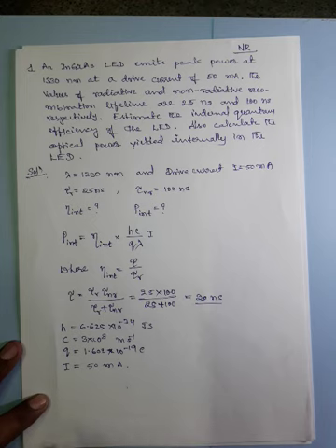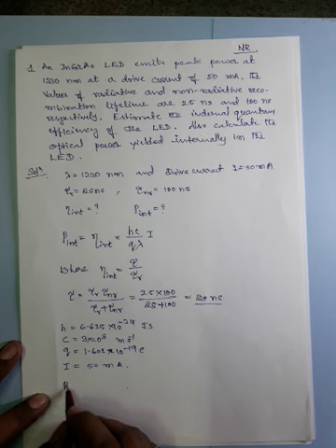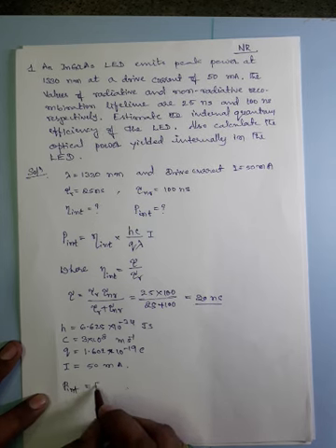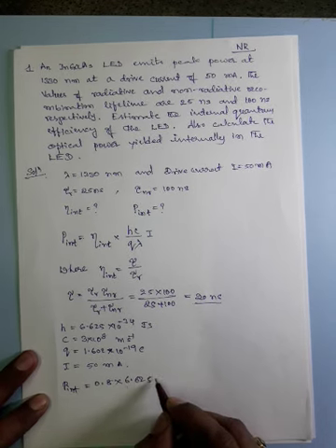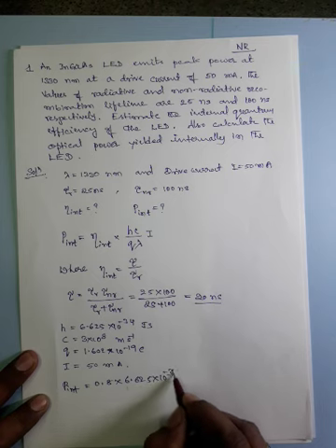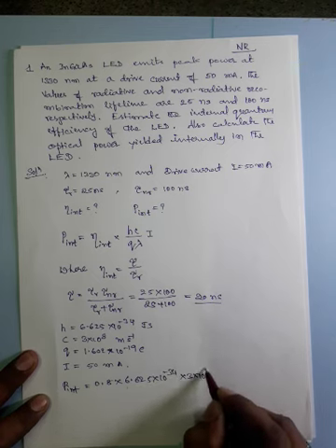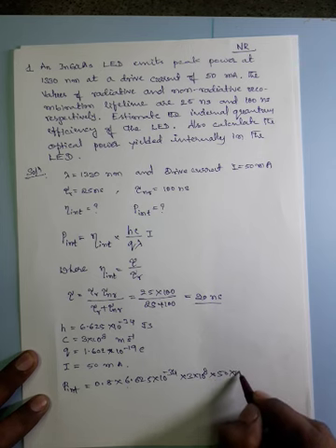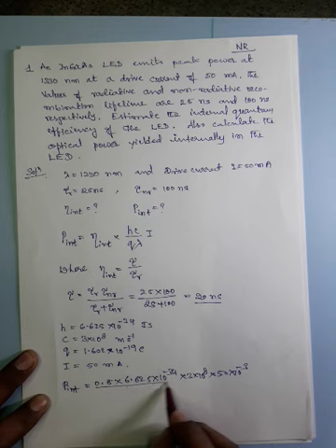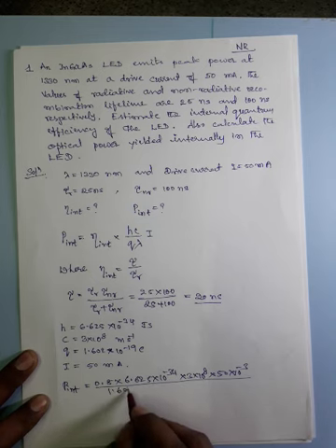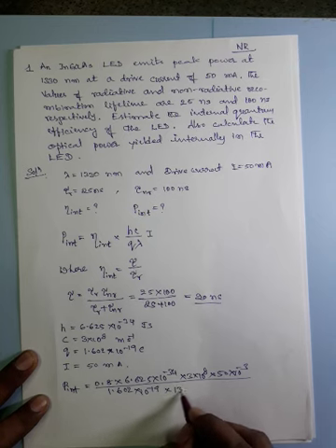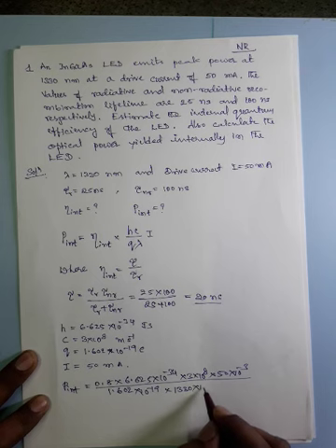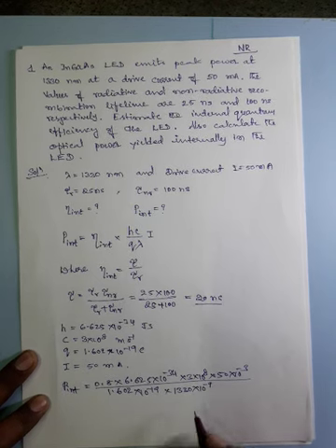On substituting and simplifying all these values, we get Pint is equal to 0.8 into 6.625 into 10 raised to minus 34 into 3 into 10 raised to 8 into 50 into 10 raised to minus 3 divided by 1.602 into 10 raised to minus 19 into 1330 into 10 raised to minus 9.